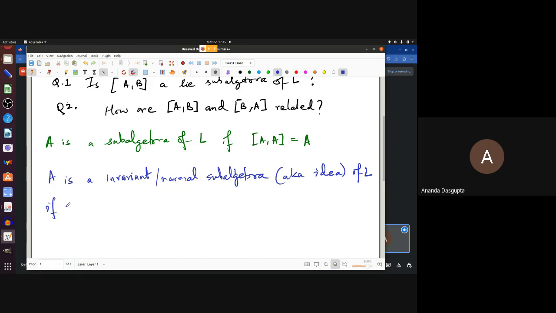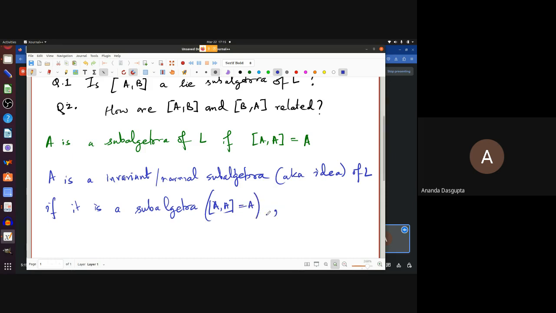For a subalgebra, first of all, it has to be a subalgebra, number one. That is, of course, A's bracket with A has to be A. For subalgebra, that's all you require.